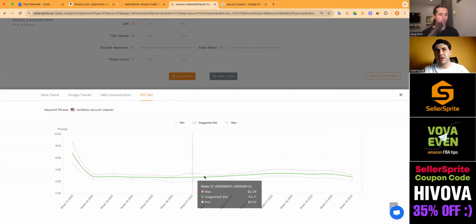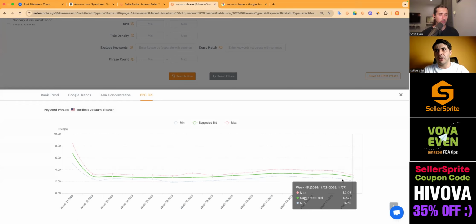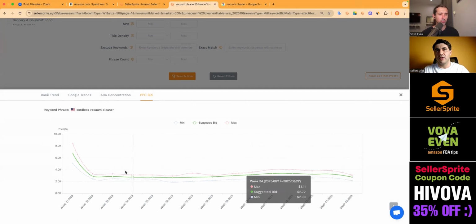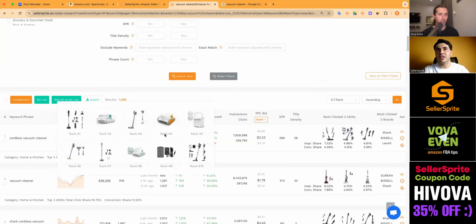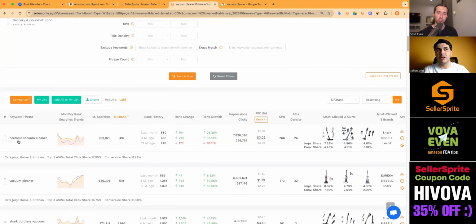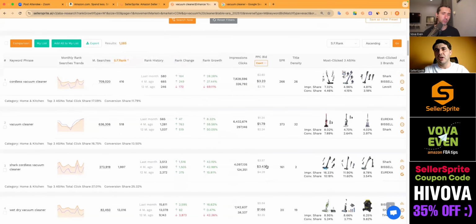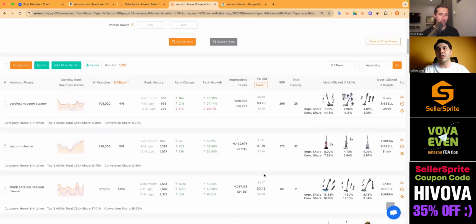Yeah, it's pretty stable between $2 and $4 on Amazon. If you plan to launch this kind of product and you are gonna pay for this keyword, pay very close attention to this PPC bid, because ultimately we are gonna run the PPC and it's going to affect our PPC cost.